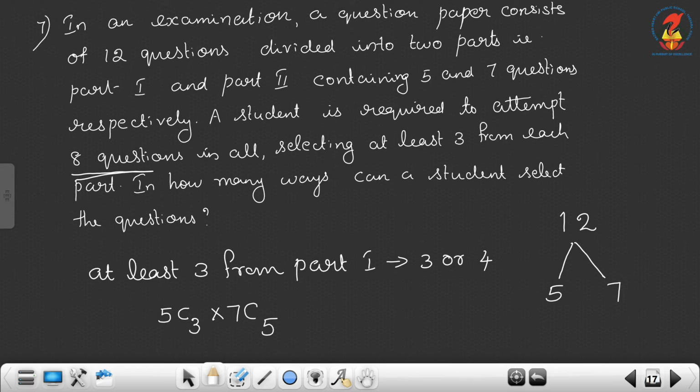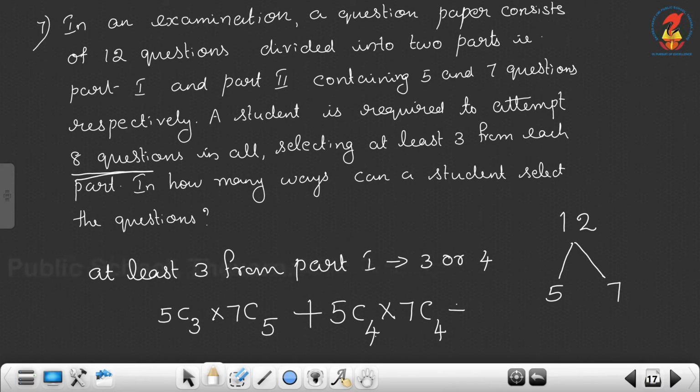So either this case or, you have to put a plus symbol. What is the next case? 4 questions from part 1: from 5 selecting 4, and the remaining 4 from the second part, that is from 7, 4 questions. 4 plus 4 is 8.